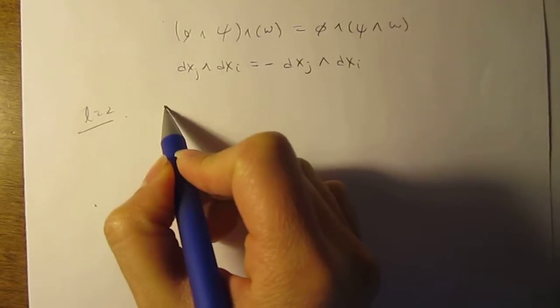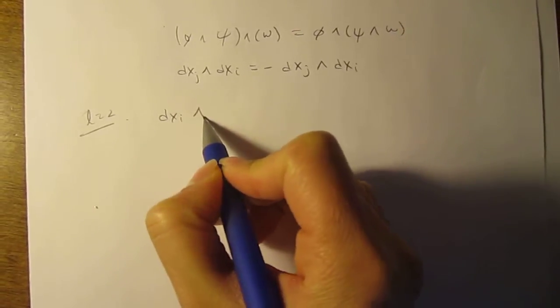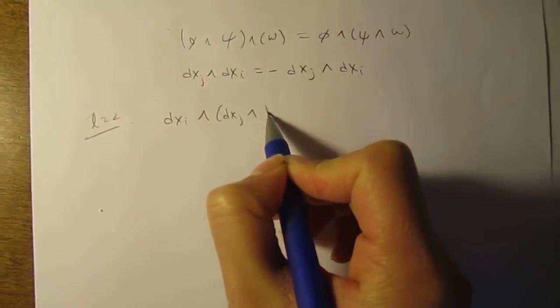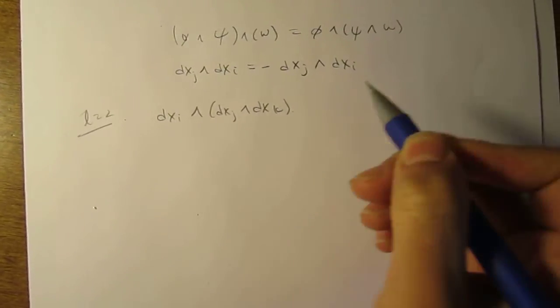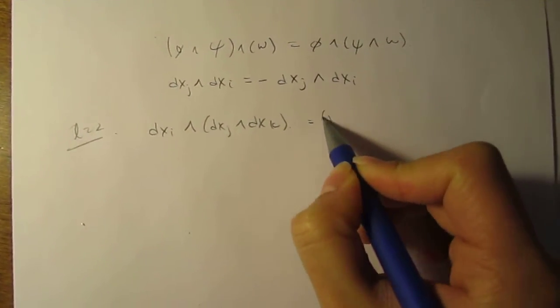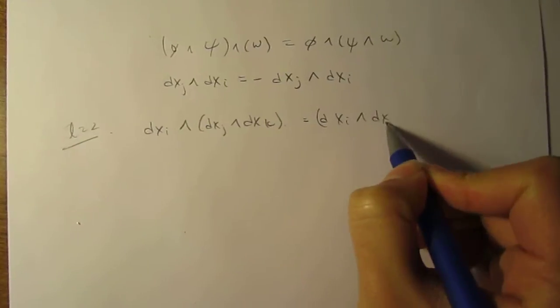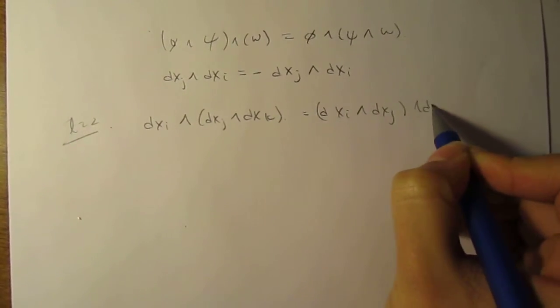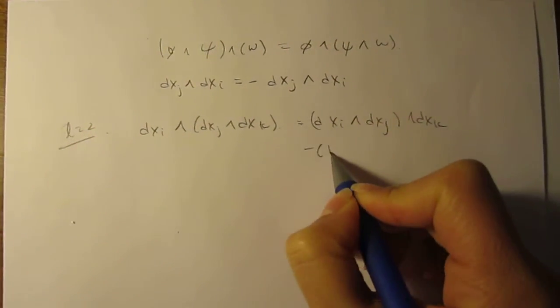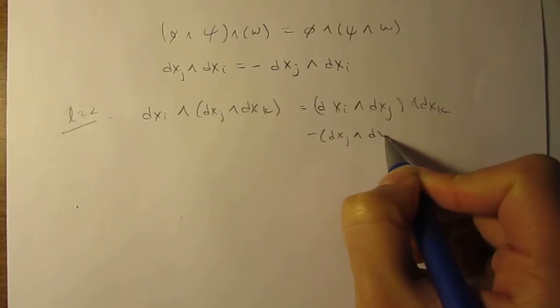So we're wedging a 1 form with a 2 form. We could rearrange by the associative law to get this. Take the anti-commutative law and switch the order inside.